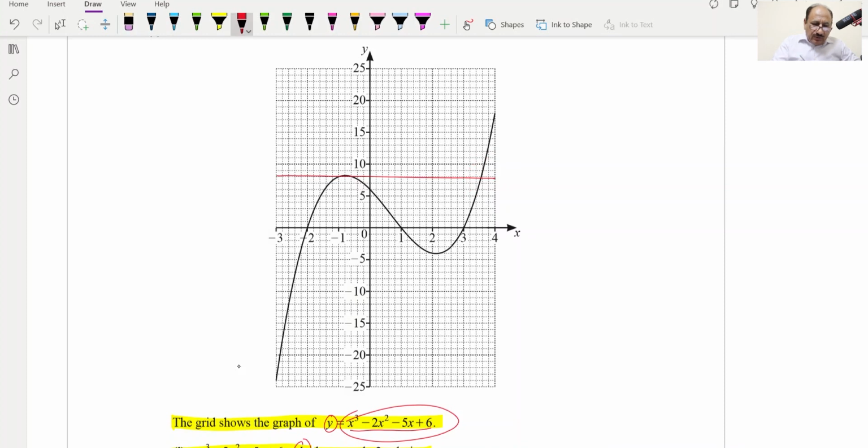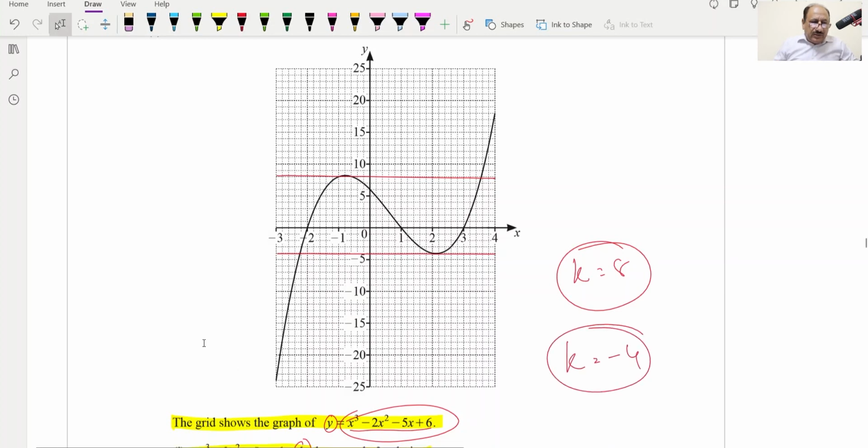This line is 5 is this point, so 6, 7, 8. So k is equal to 8 will be one solution, and we can draw another line with two solutions which will be over here, and this will be minus 4. So k is equal to minus 4. This will be the second solution.